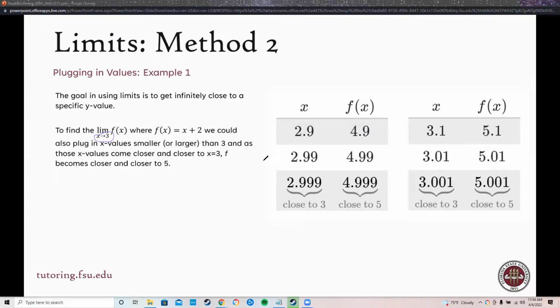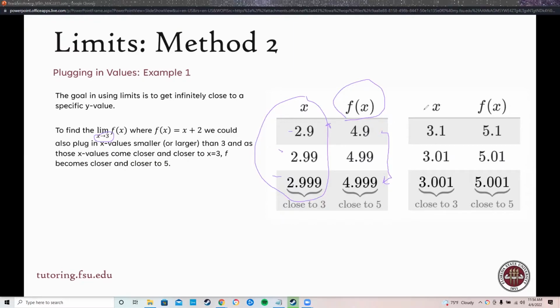If we're given a table of values rather than a graph to look at, the table would show the x value as it's approaching 3. See how it goes: 2.9, 2.99, 2.999. Then this is the y value when this is happening. As it's getting closer to 5, we see on the left-hand side, because this is smaller than 3, that this is still approaching 5.